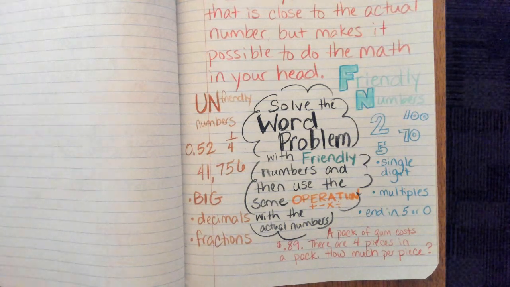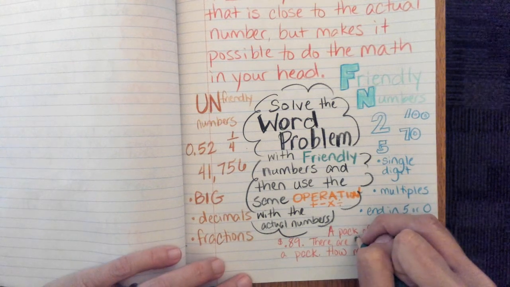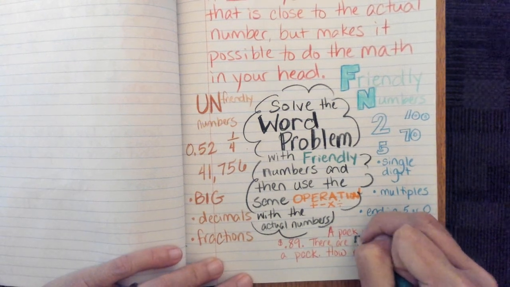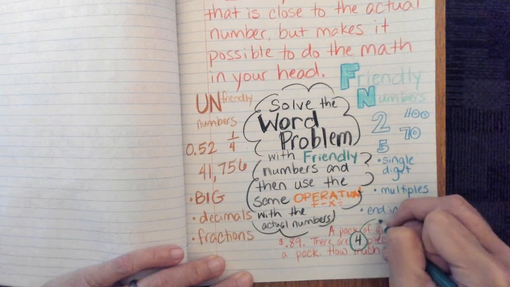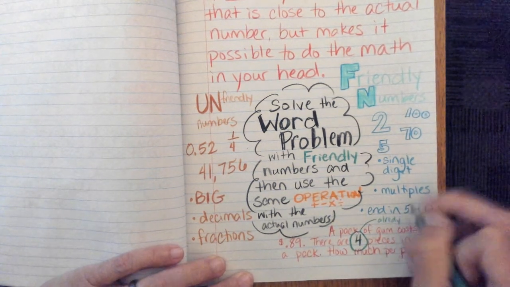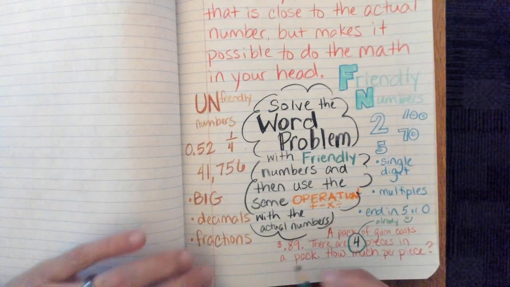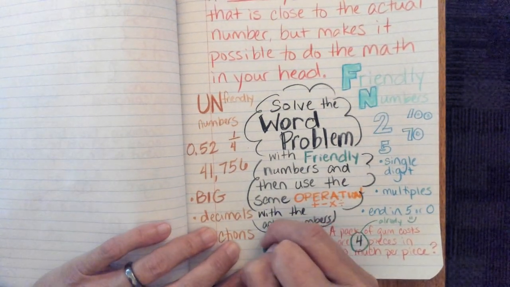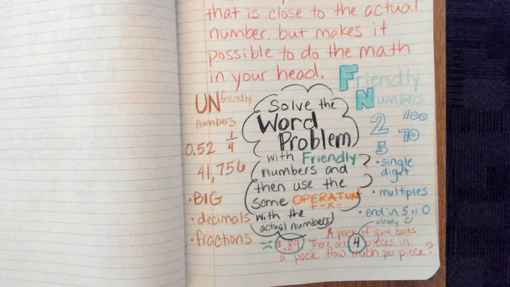How much per piece? Well, in this case, 4 is a nice friendly number, right? 4 is already friendly. The problem is this 89 cents. No one likes working with decimals.